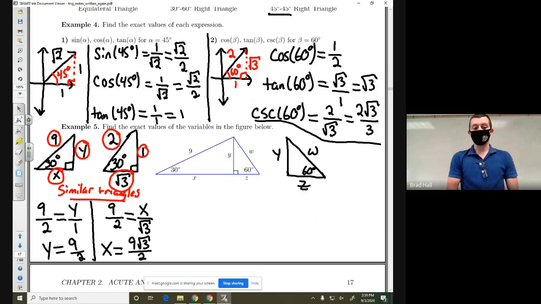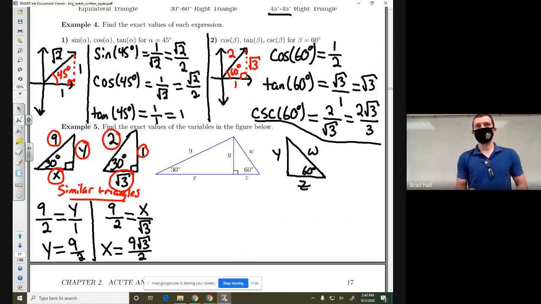And what you get is that x is 9. When you multiply the square root of 3 on both sides, you get 9 square root of 3 over 2. And that is x. It's not a very pretty answer by any means, but again, it's just kind of moving numbers around in a particular manner. But that would be x and y.